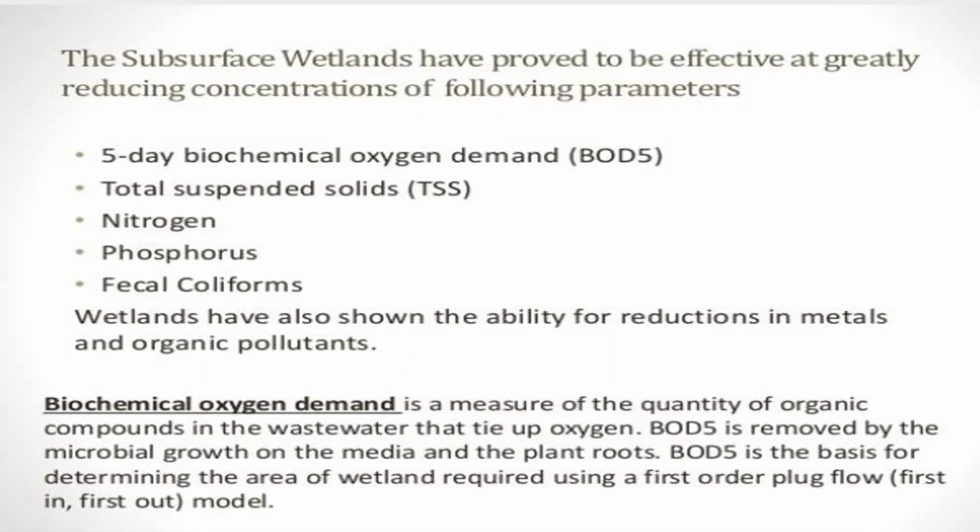Total suspended solids are removed in the first three feet of the bed within the first couple of days. Nitrogen is removed in the form of ammonia and organic matter through nitrification, and the oxygen required is supplied by the plant roots.